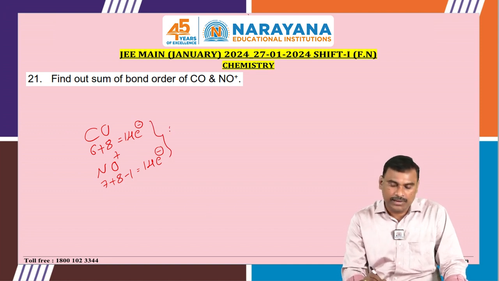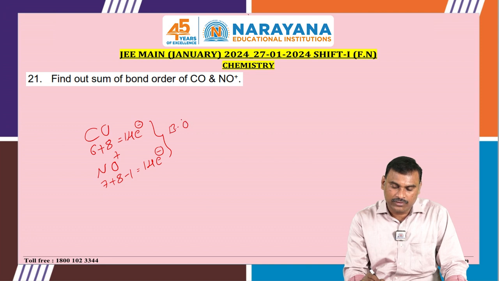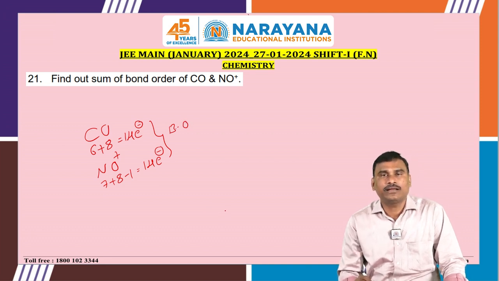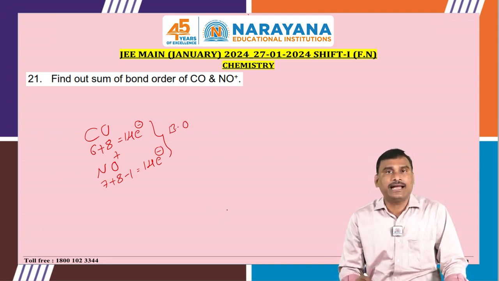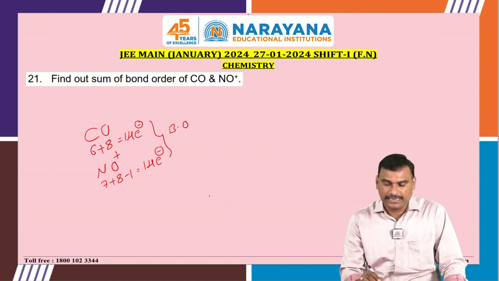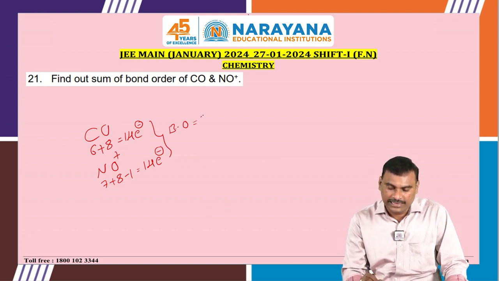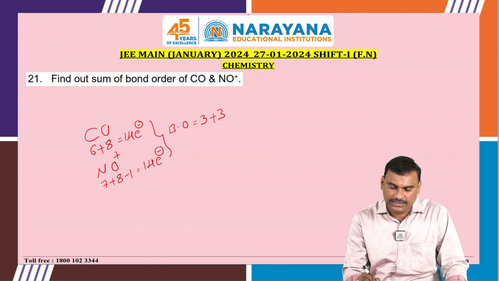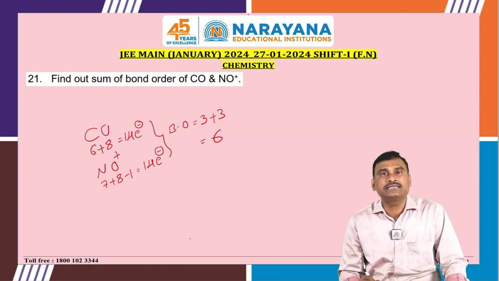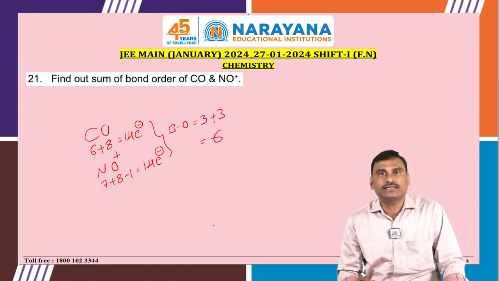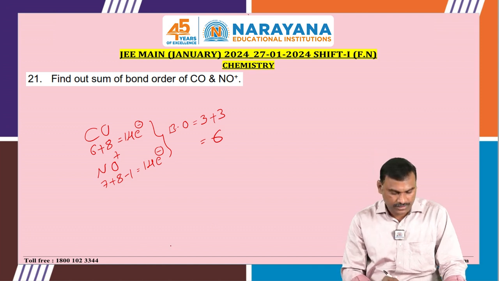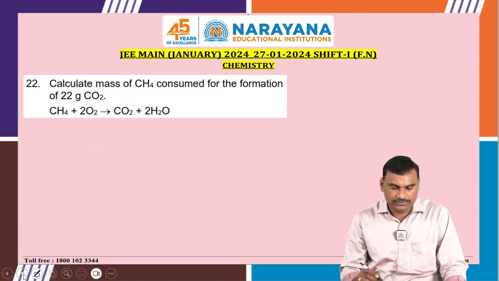The bond order for 14 electrons we already know is 3. Bond order is bonding electrons minus antibonding electrons by 2. The bond order is 3 for each, so 3 plus 3, the total sum becomes 6. That is the correct option for question number 21. Go for the next question, student.